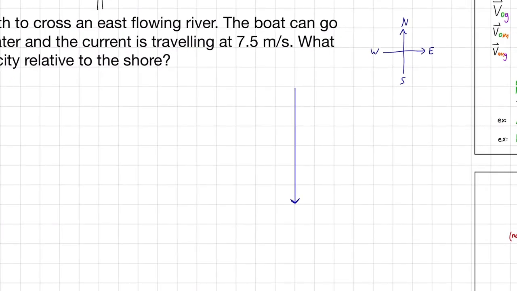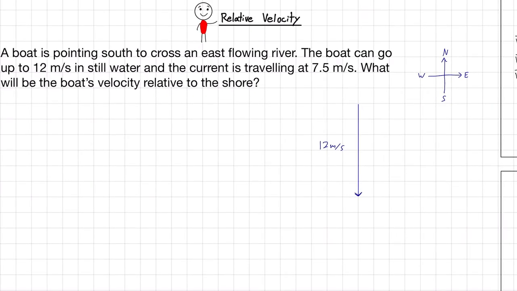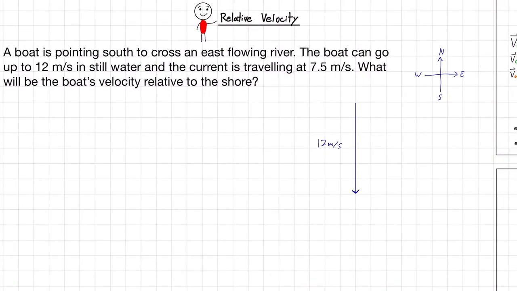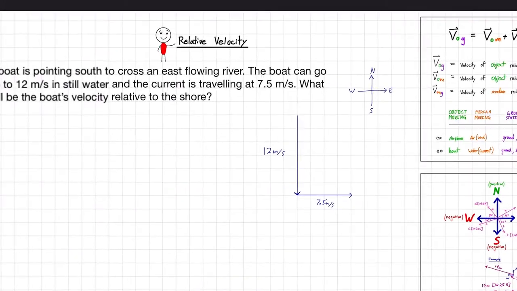So this is our boat, pointing south at 12 meters per second. That is relative to the water. Then we have the water with a current flowing east, 7.5 meters per second. So we're going to have another vector pointed east at 7.5 meters per second.